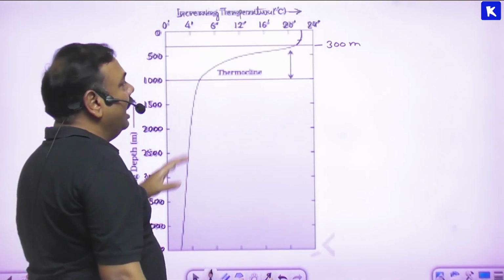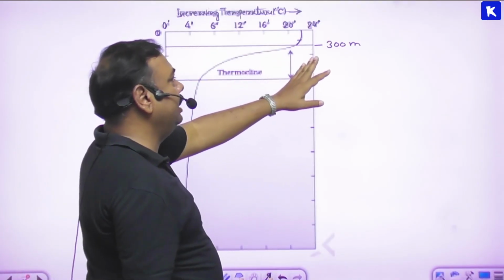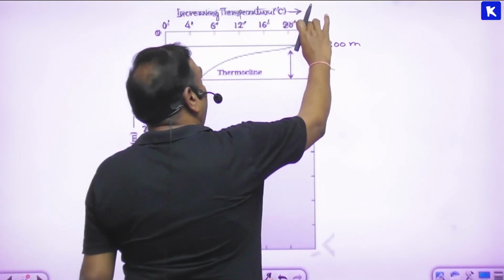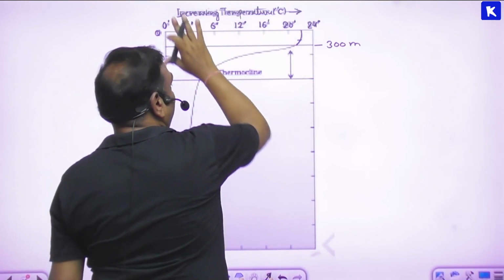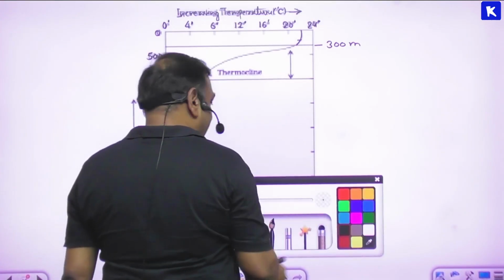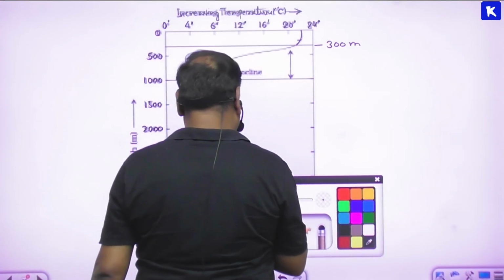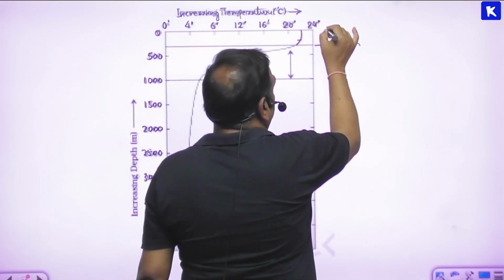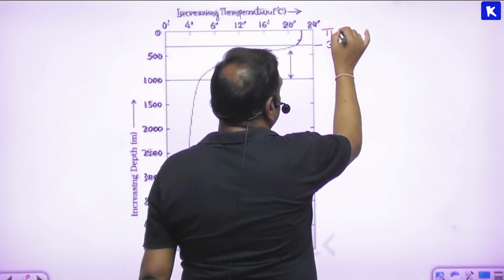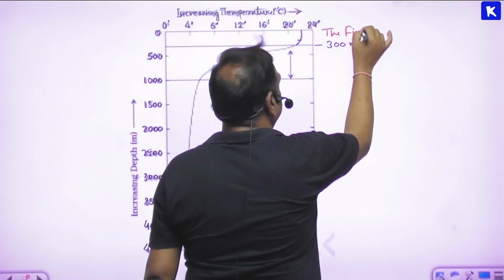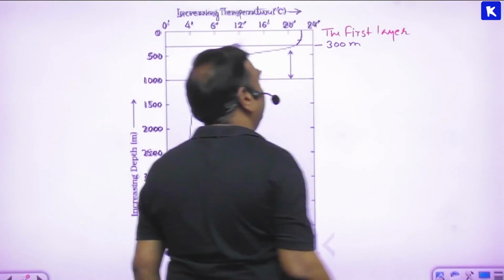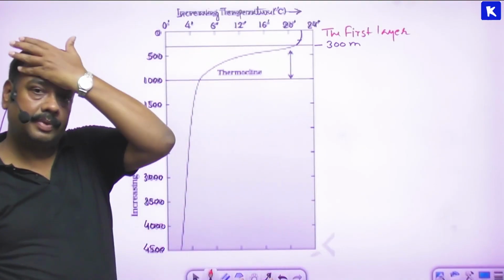But here, up to the depth of 300 meters, you can see a layer of ocean water is defined. In the NCERT book, if you go through the text, it is written as the first layer, right?